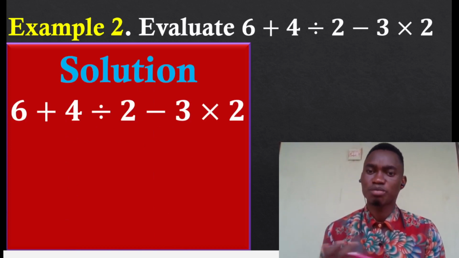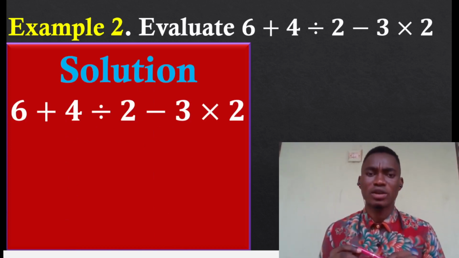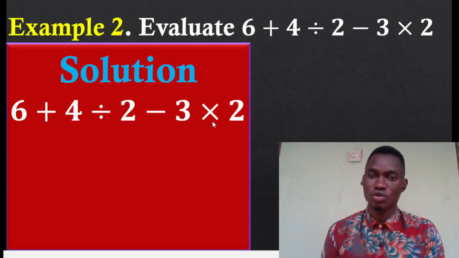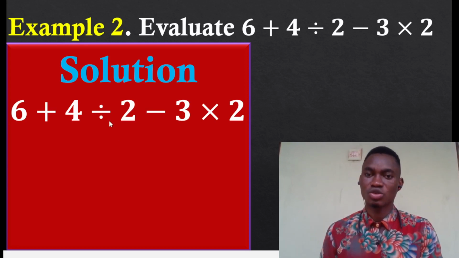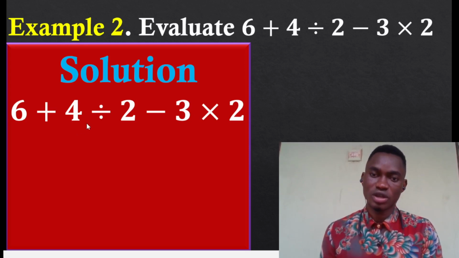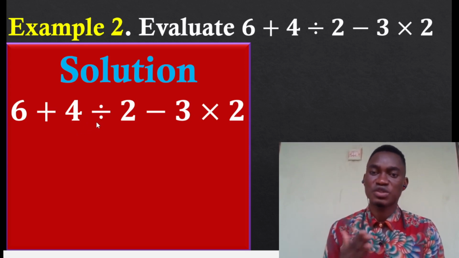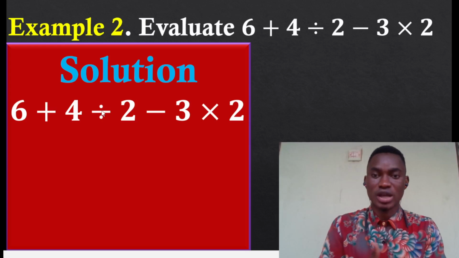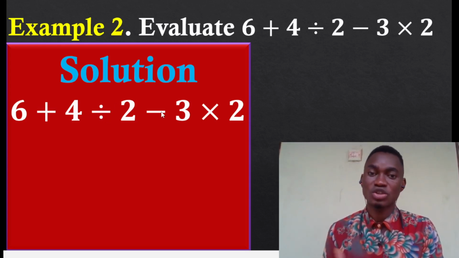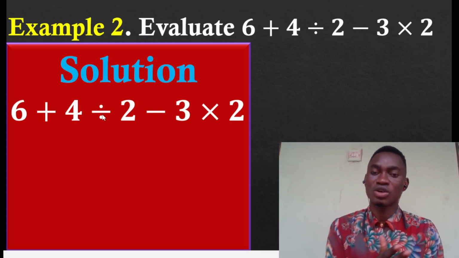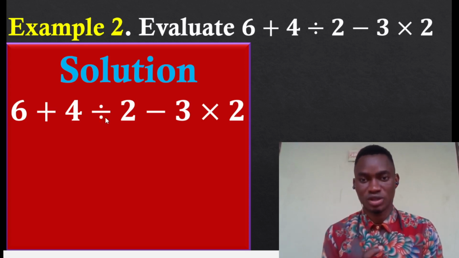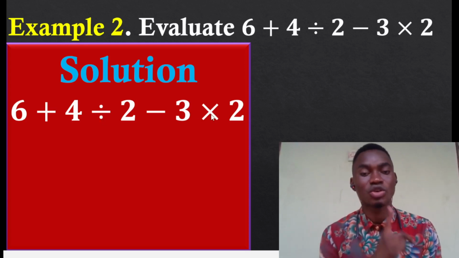We have 6 plus 4 divided by 2 minus 3 times 2. So, which of the operations do we perform first? Is it division or multiplication? We are going to perform the operations from left to right. As you can see, in BODMAS, addition and subtraction come last. So we are going to perform the division operation first, before the multiplication operation.